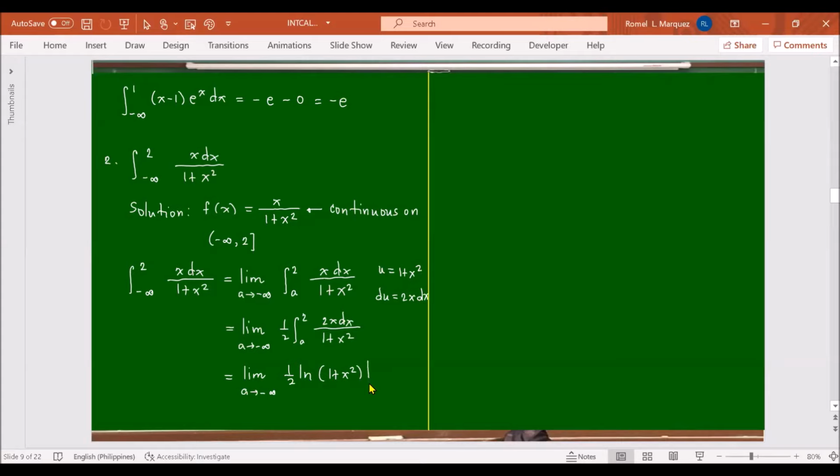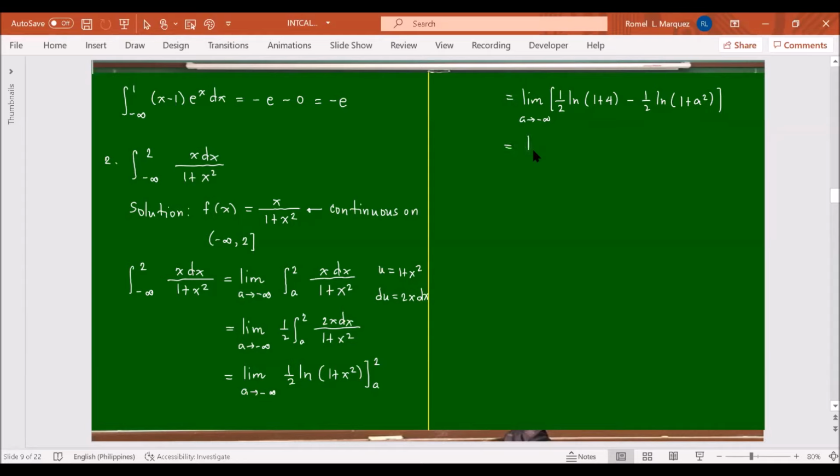So evaluated from a to 2, that is equal to the limit as a approaches negative infinity of 1/2, at the upper limit, ln of 1 plus 2 squared, that is 4, minus 1/2 of, at the lower limit, ln of 1 plus a squared.